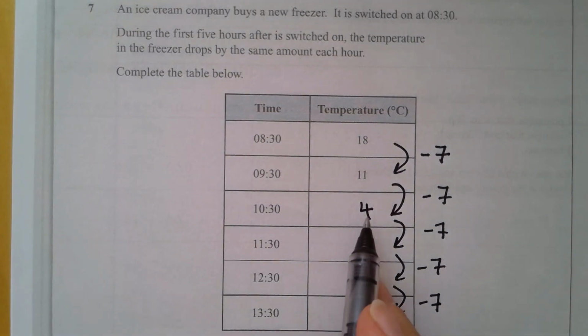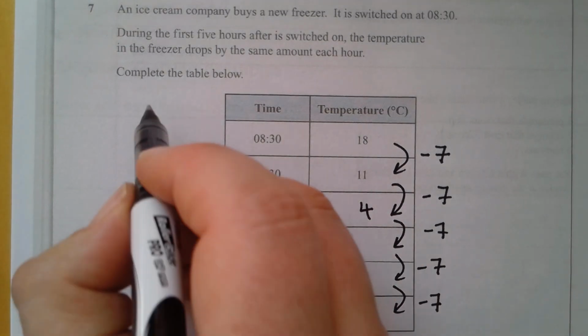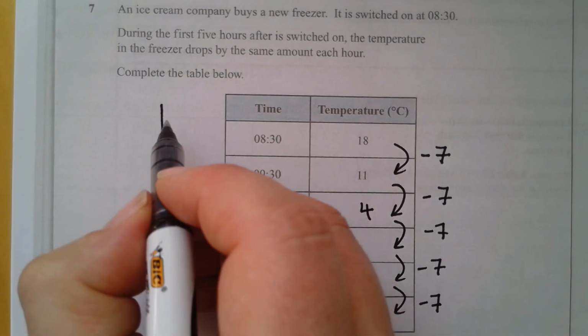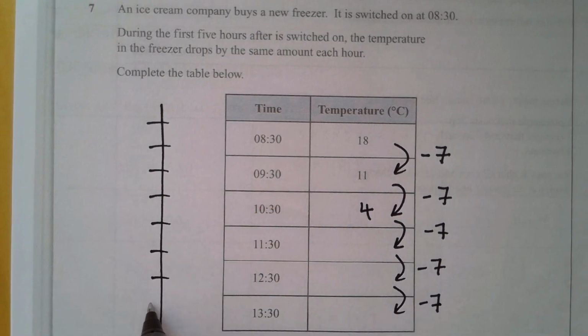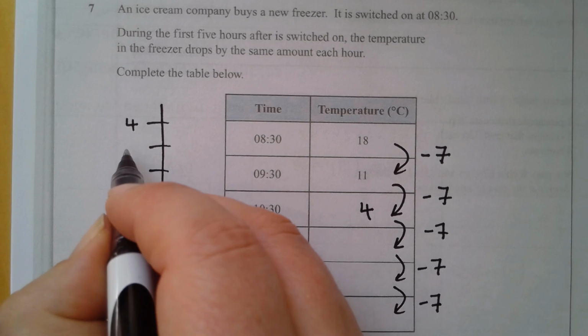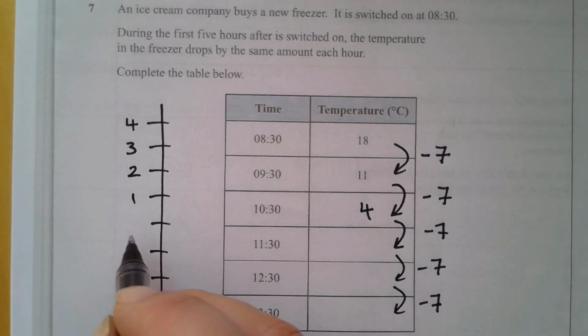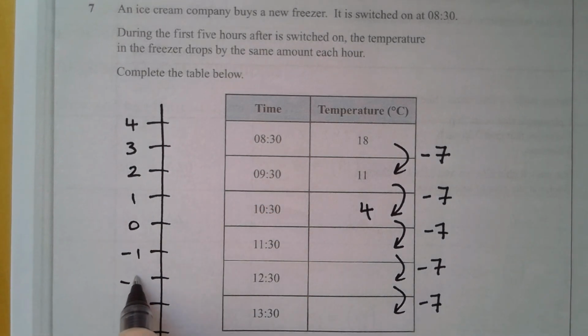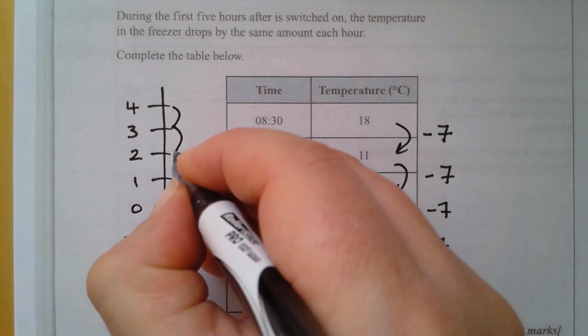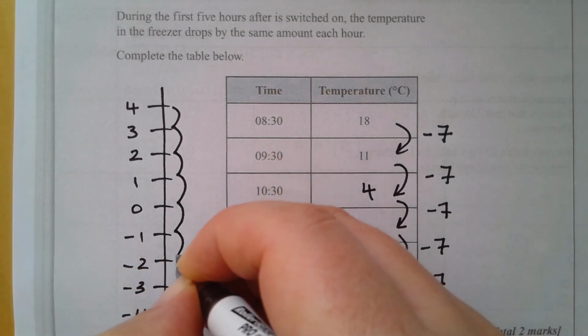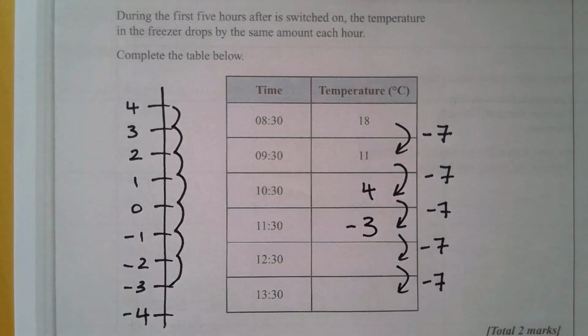Now, to get from 4 and subtract 7, draw myself a number line. So, starting at 4 and counting 7: 1, 2, 3, 4, 5, 6, 7 takes us to -3.